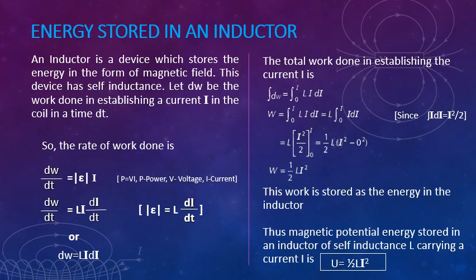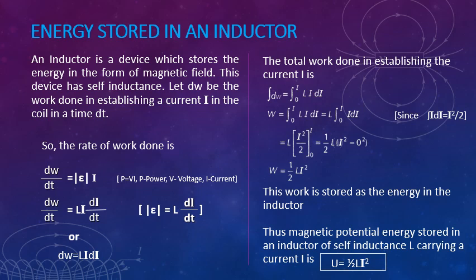Now we will derive an expression for energy stored in an inductor. An inductor is a device which stores energy in the form of magnetic field. This device has self-inductance. We have already studied that the self-induced EMF always opposes any change in current in the circuit. Hence, it is called back EMF. So, work needs to be done against this back EMF in establishing the current.